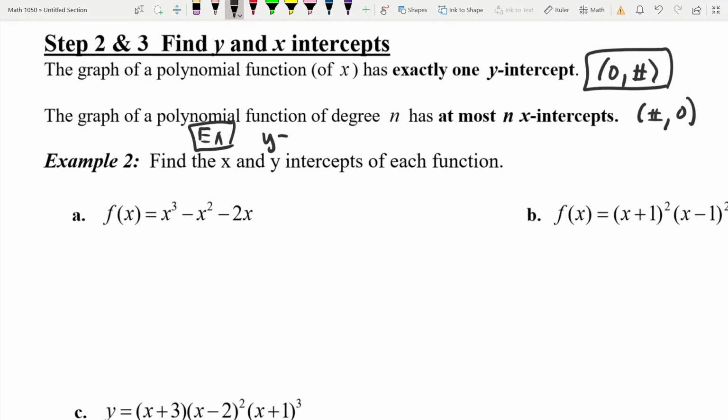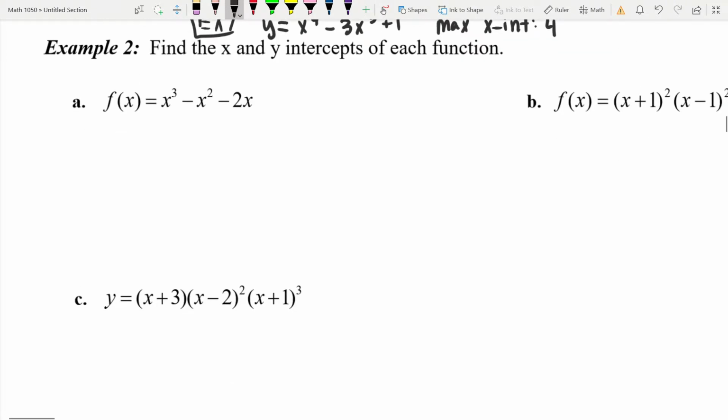Everybody write y equals x to the 4th minus 3x to the 3rd plus 1. If they ask you the maximum number of x-intercepts, the answer is the biggest exponent, which is a 4. Have I ever seen them ask that? No, but we better cover it.